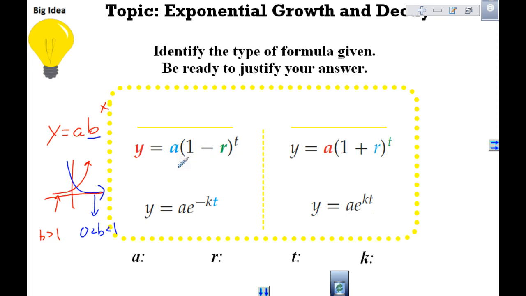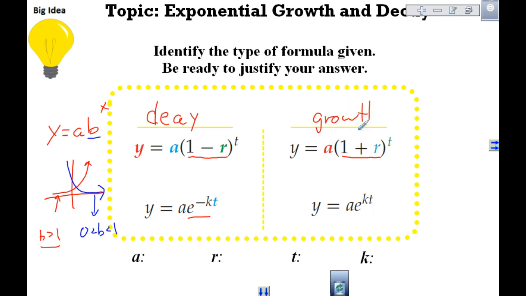So this is a giveaway that this is a decay formula. Same thing here, e to the negative k, which is some number between 0 and 1. So these are your two decay formulas. And rightly so, over here you can see 1 plus r, anything above 1, is going to be growth, so 1 plus any number is going to be growth.